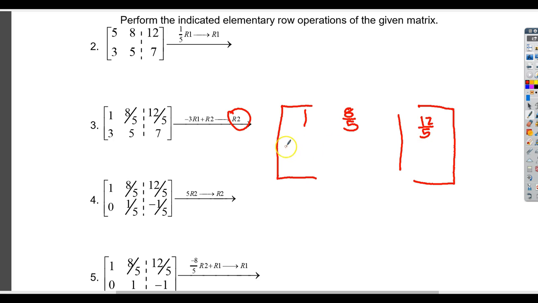But this is going to become -3 times 1 plus 3, and that gives us 0. Then -3 times 8/5 plus 5 is -24 over 5 plus 5.